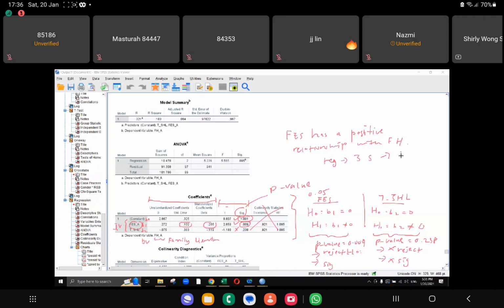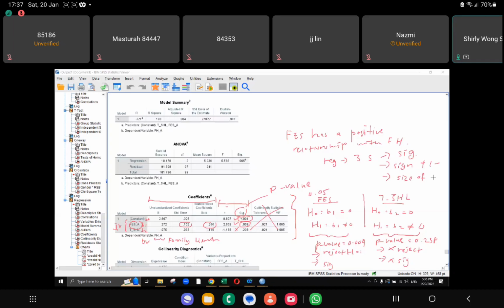Then the sign, positive or negative, correct or not, can you explain or not, and the size of the coefficient. So only FES is statistically significant, positive relationship, and the coefficient is 0.66.